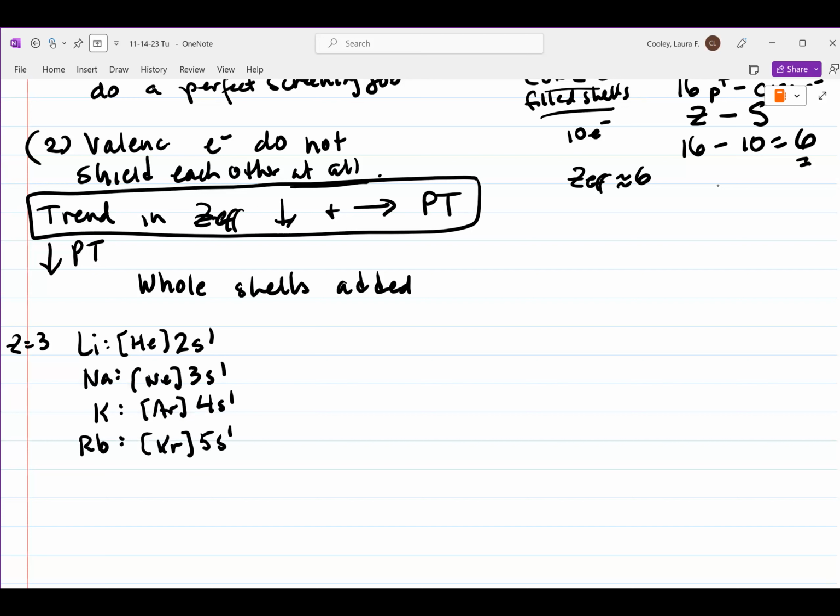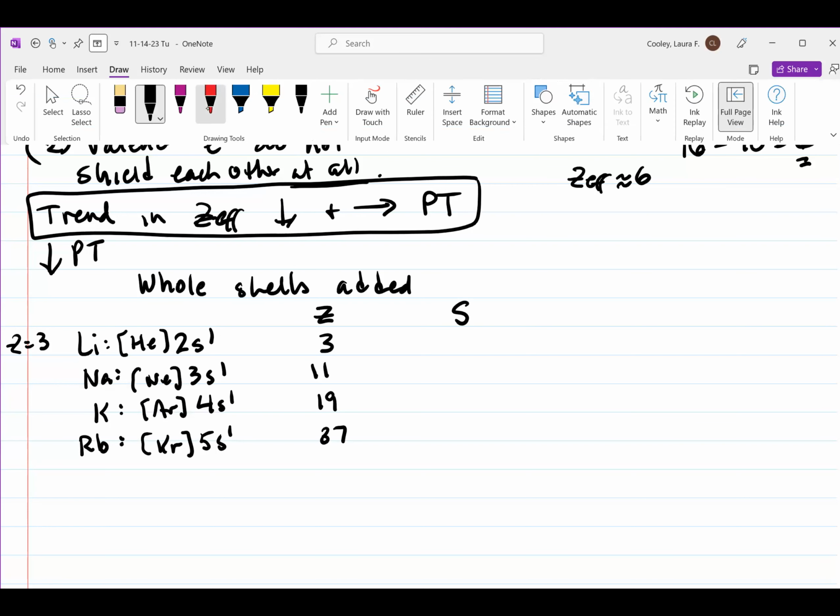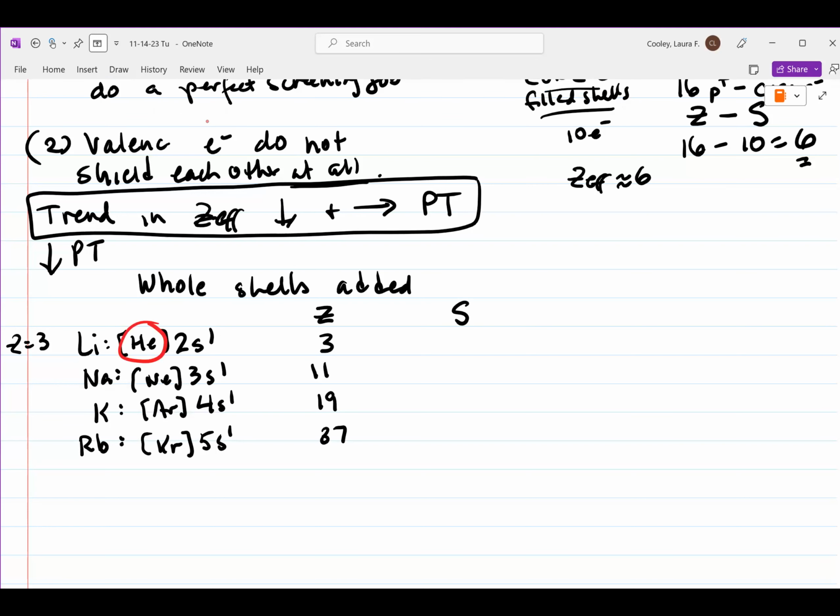If you take a look at your Z values, here we have Z=3, 11, 19, 37 from the periodic table. And now what would the shielding be? The shielding comes from the rare gas part of the configuration. This is 2 electrons. For neon, it's 10 electrons. For argon, it's 18 electrons. For krypton, it's 36 electrons.